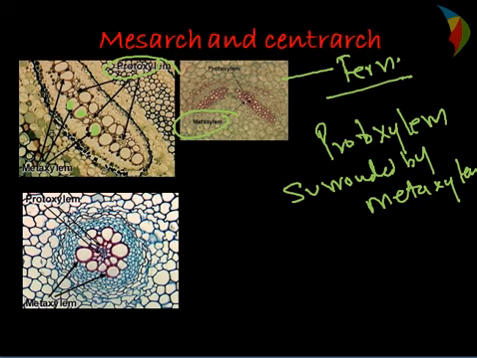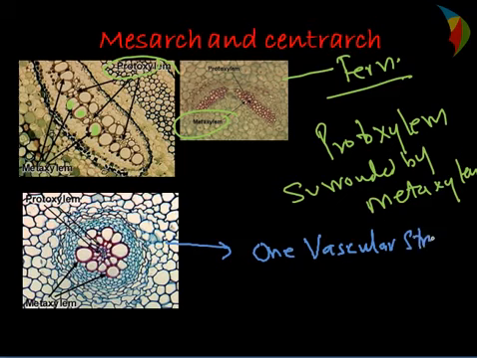Now the second type is the centric type. In the centric type we have only one strand, only one vascular strand. The main characteristic is only one vascular strand in the centric type, and in this case the protoxylem is surrounded by the metaxylem.